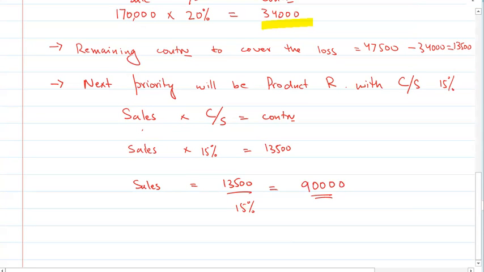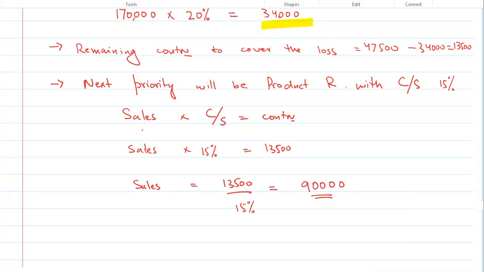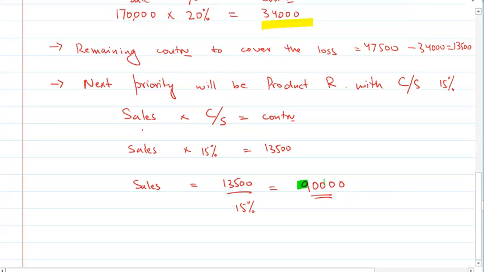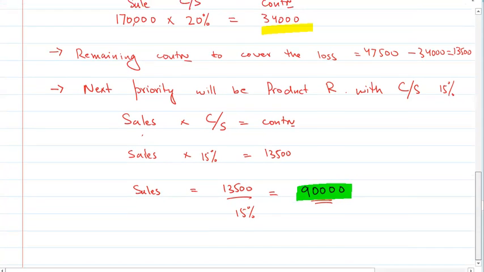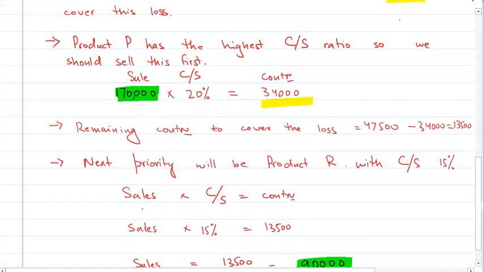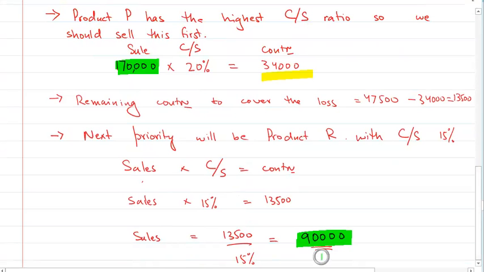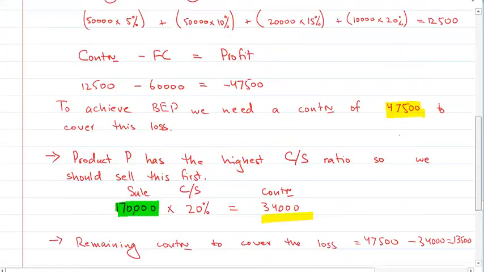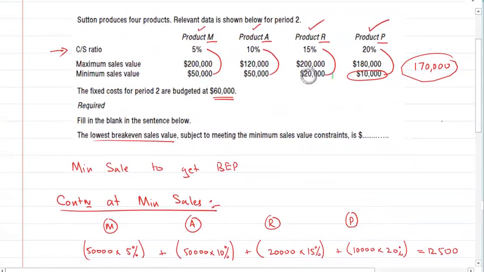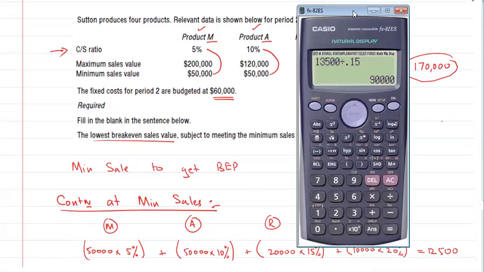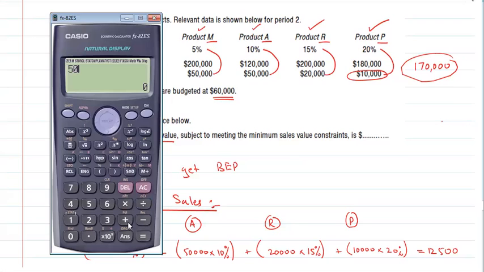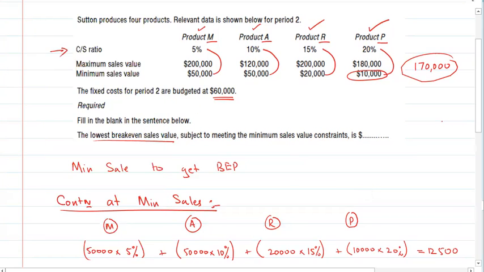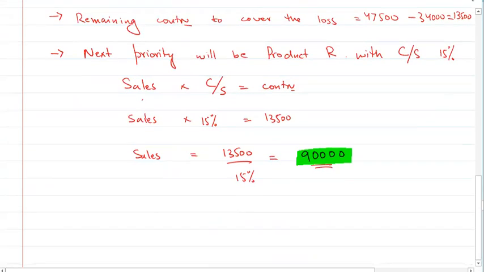Now guys, if you watch it carefully, this sale is required to get the contribution. This sale is from product R, this sale is from product P, and then there is the minimum sale. If you add all of them together, which is already there, 50,000 plus 50,000 plus 20,000 plus 10,000, it will be 130,000. So we have to add that as well.